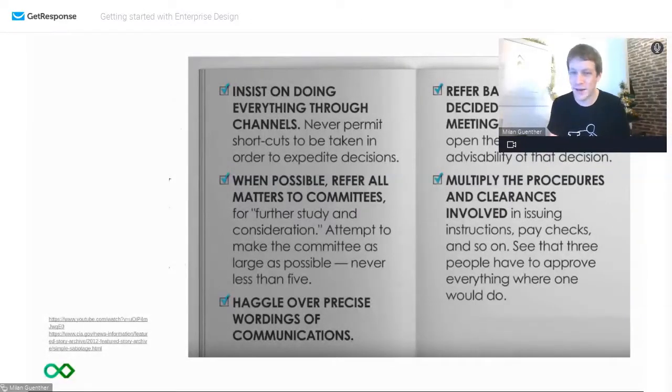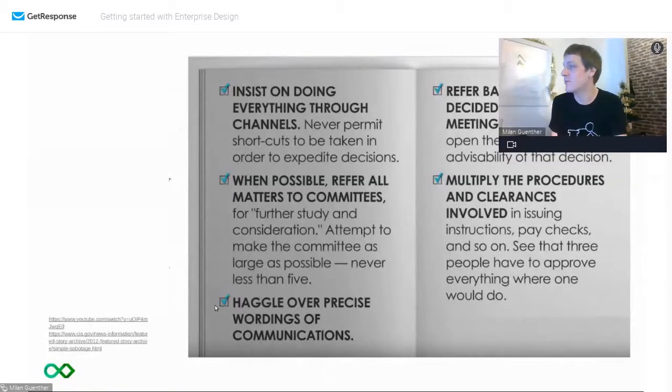Haggle over what exactly we mean by the word function, by the word capability, by the word application, by the word asset, and so on, and spend hours and hours defining things. Always going back to the last meeting, saying, okay, can we look at this again, because I'm really not sure whether we are confident on this, and have as many procedures and clearances as possible. And many people say, yeah, that's actually happening in my enterprise.